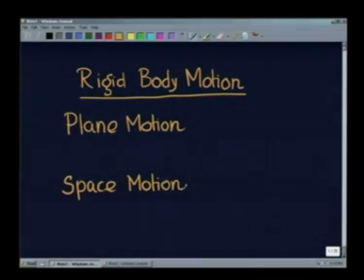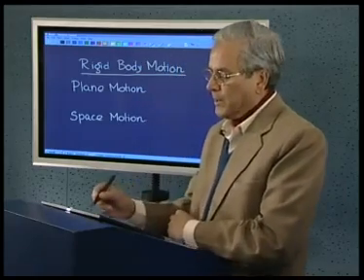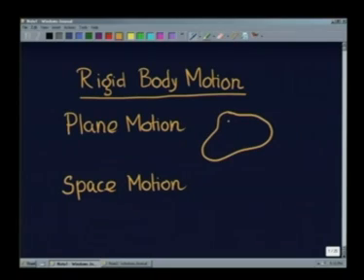Now, when we call the motion of a rigid body a plane motion, it is the situation where all the particles of a rigid body move in different directions, no doubt, but at any instant of time all the velocity or displacement vectors lie in one plane or in parallel planes.